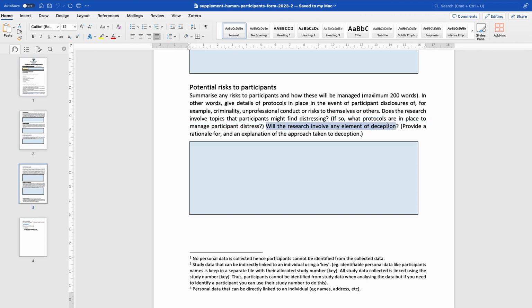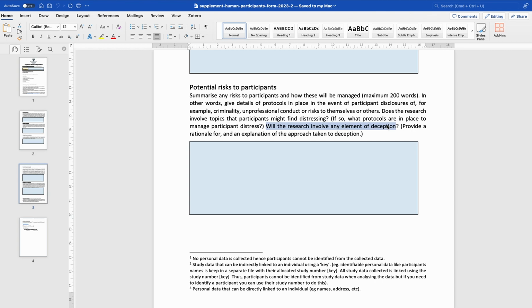Will the research involve any level of deception? You may say no, but in fact in some cases we do experiments where we don't want to tell the participants in advance what the experiment is about, because that may affect how they respond. So what we do in these cases is we tell them afterwards that we were really wanting to collect data, say, on their disfluencies, but if you tell people in advance that we're looking at disfluencies, they will be more careful about their speech.